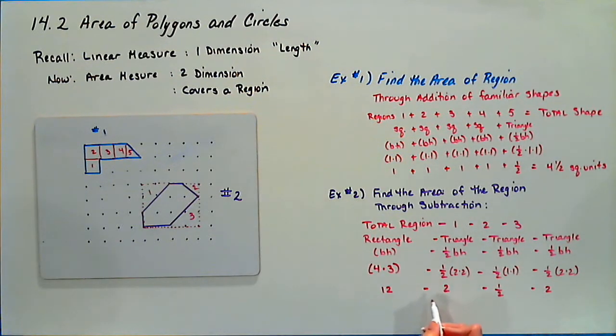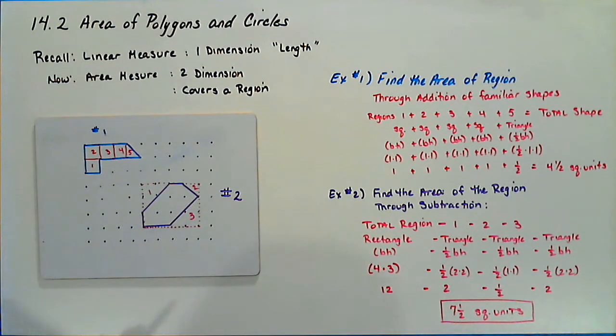And so I should end up with, let's see, 12 minus 4.5, I got a total of 7.5 square units for the shape of that purple region.